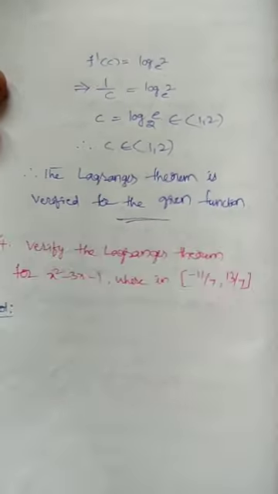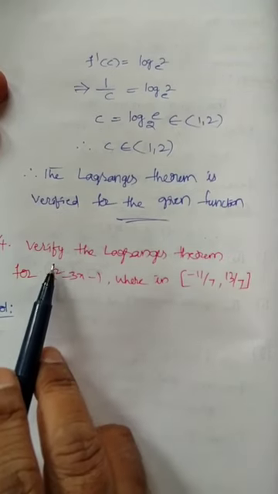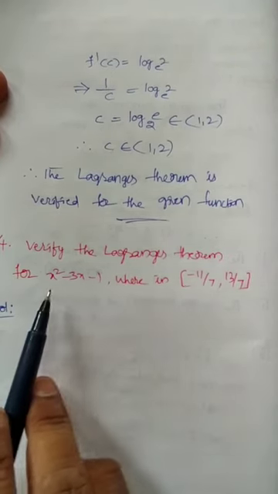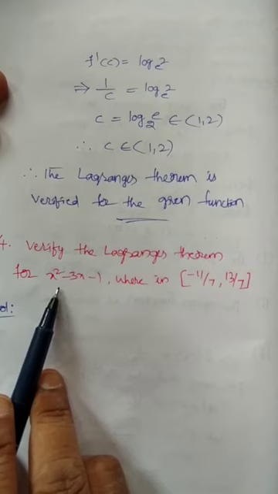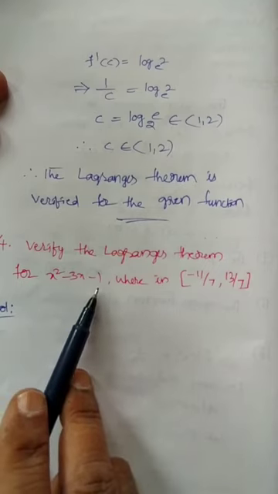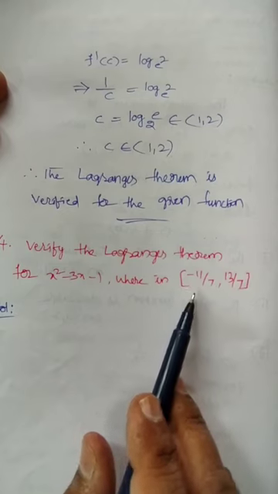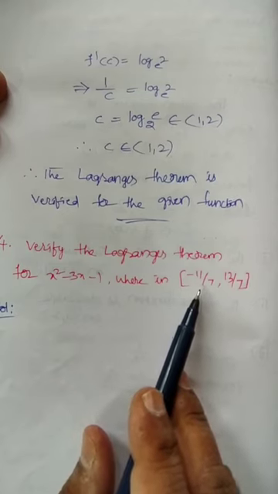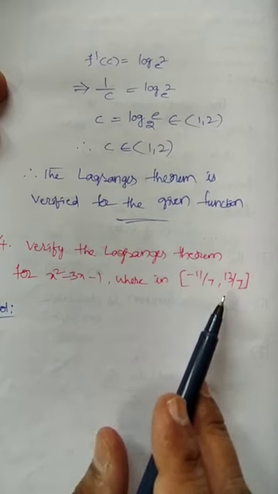Okay, now the next problem is: verify the Lagrange's theorem for the function x square minus 3x minus 1 in the closed interval minus 11 by 7 comma 13 by 7.